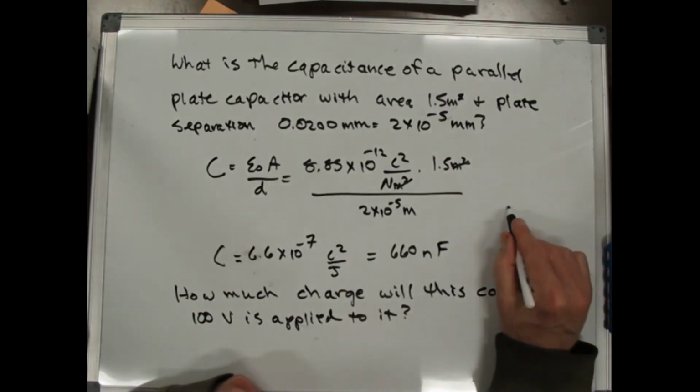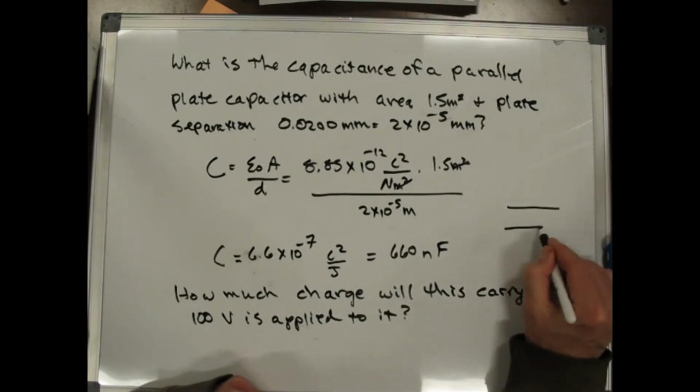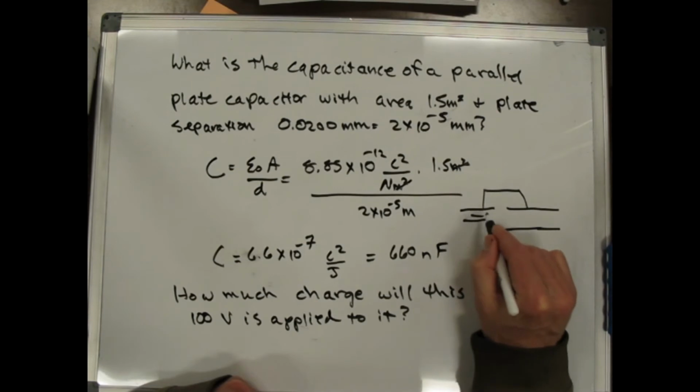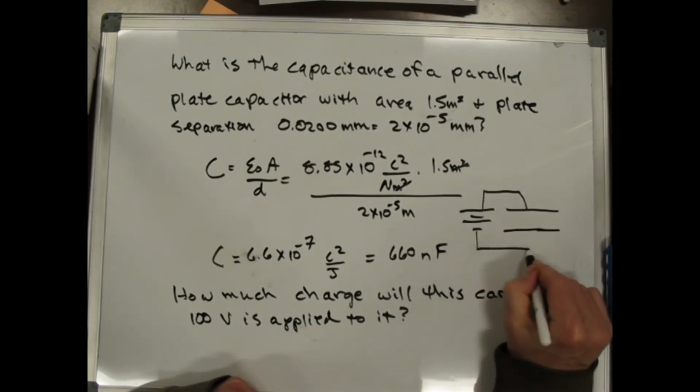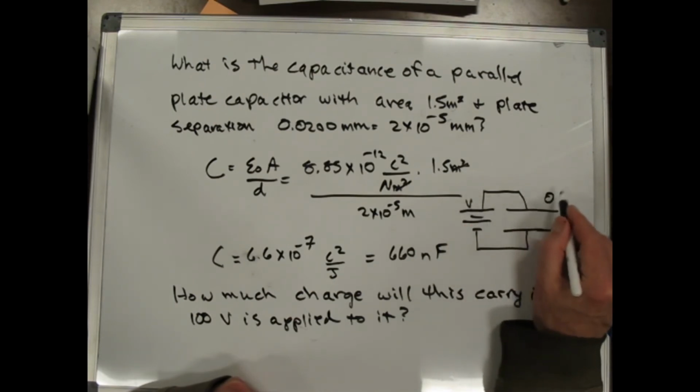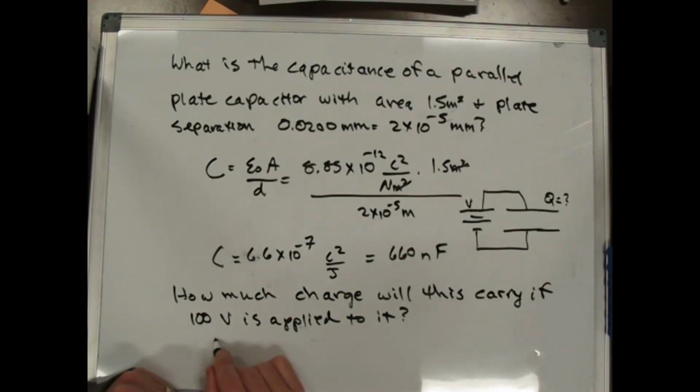So now we're going to take our capacitor that we just identified, and we're going to put a battery across it. And we're going to ask, with V equals 100 volts, what's the charge? And we know that Q is equal to C times the voltage.